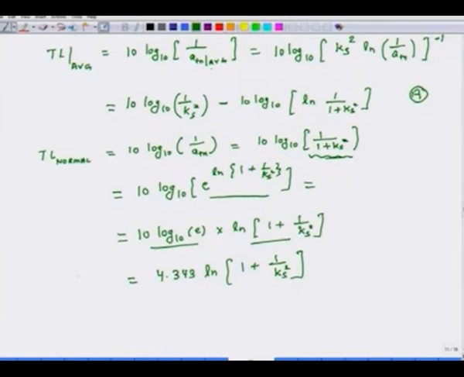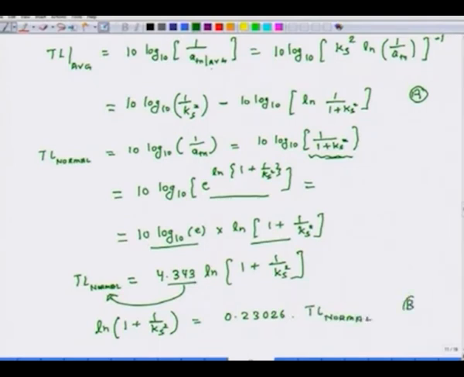So, this is TL normal. Now I move this to this side. So, I get natural log of 1 plus 1 over k s square is nothing but 0.23026 times TL normal.